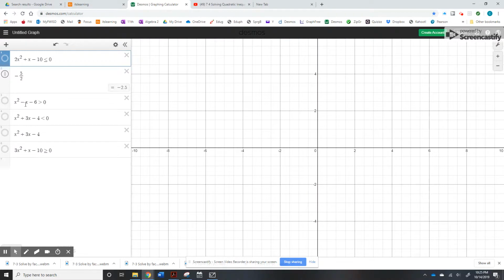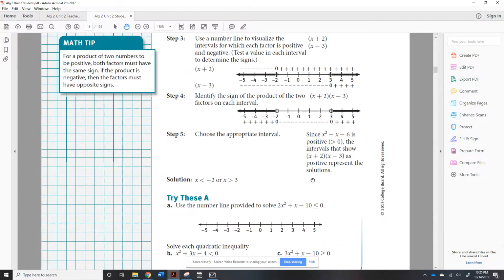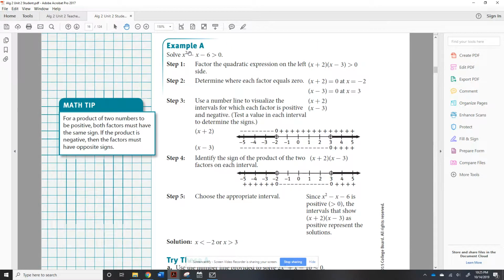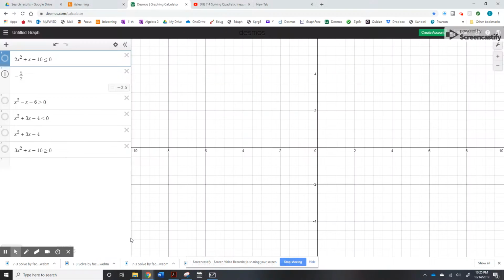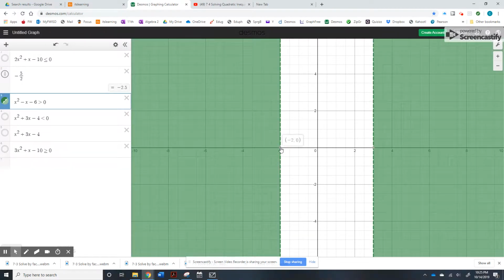Turn that one off. Which problem is this one? I think it's this problem right here. Yeah, this problem right here. So for this problem, Desmos told us to shade on the outside with open dots. So if you go back to Desmos and you turn this one on, shade on the outside, here's the two dots at negative 2 and at positive 3, but these dots should be open.